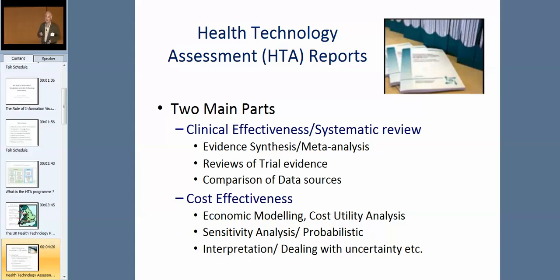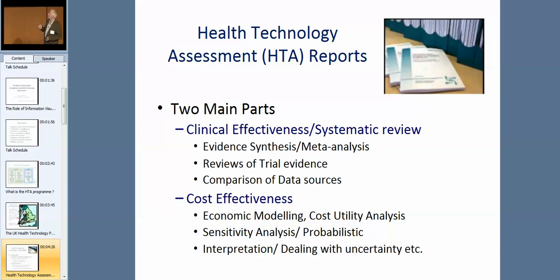So there's an awful lot of transparency, and it also raises the issue that they have to be understandable, not just to an expert panel, but also to people who might be interested from the public, for example, from lobbying groups for particular diseases, and to other researchers. So there's a wide range of audiences that these reports need to be applicable to, and that's important to take into account.